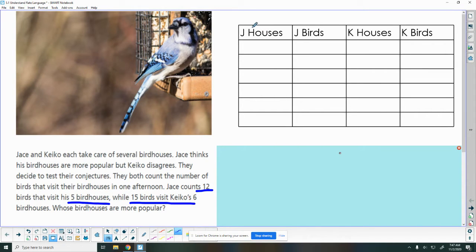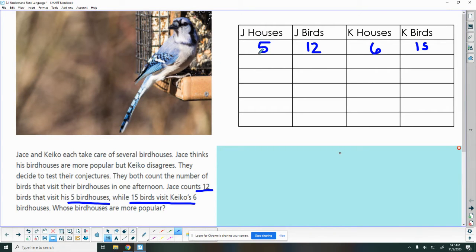I have Jace's houses compared to the birds, and then Kiko's houses compared to the birds. I know that if he has 5 birdhouses, he's getting 12 birds, and she has 6 birdhouses that are getting 15. But their houses aren't the same, so I can't just say, oh, she has more.